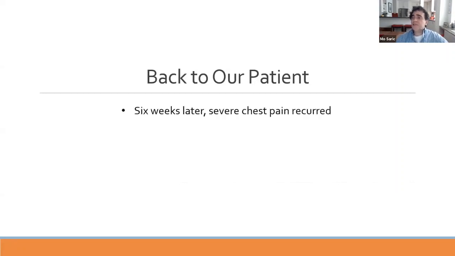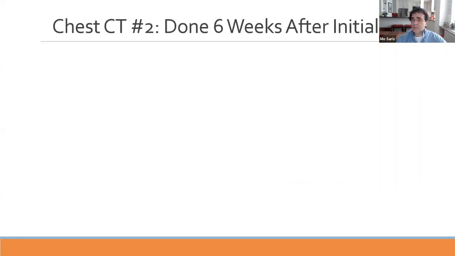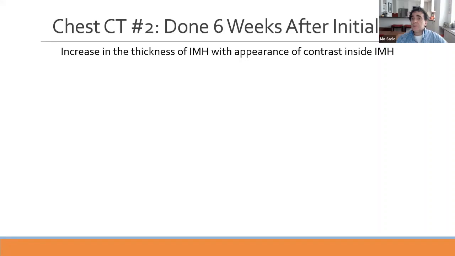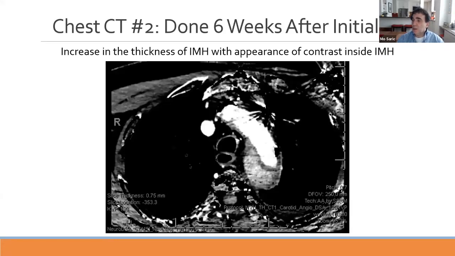Back to our patient. 6 weeks later, severe chest pain recurred, and the repeat chest CT was ordered. So this is his chest CT 6 weeks later. There was an increase in the thickness of intramural hematoma with appearance of contrast inside intramural hematoma. Now, his finding is clearly different. This is a CT image in the same region of the distal aortic arch and a proximal descending aorta.